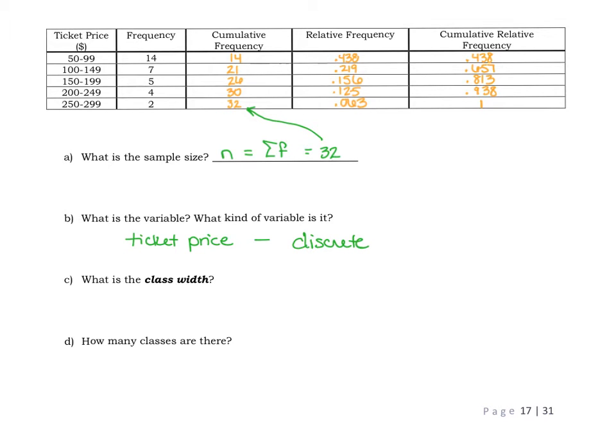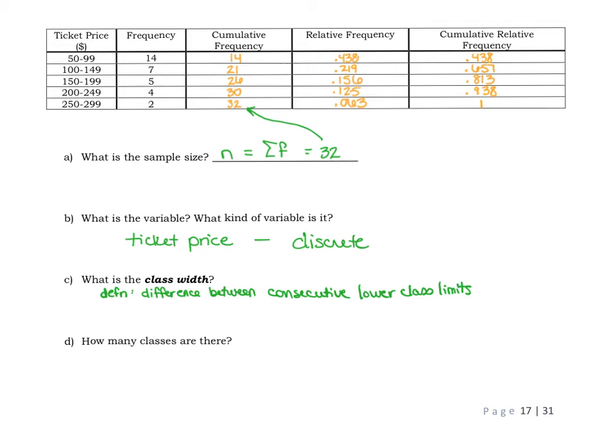What is the class width? First let me give you a definition of what class width means. The definition is the difference between consecutive lower class limits. So you're going to go up to the classes.